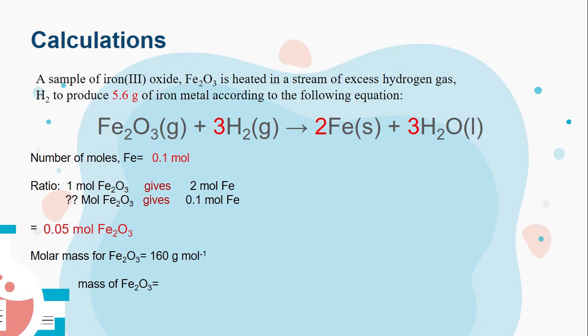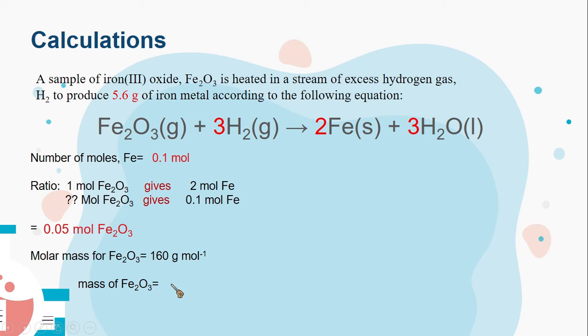Now we find the molar mass based on the formula, Fe2O3 in the equation. You get 160 gram per mole. So to find the mass of iron 3 oxide, what is the formula?